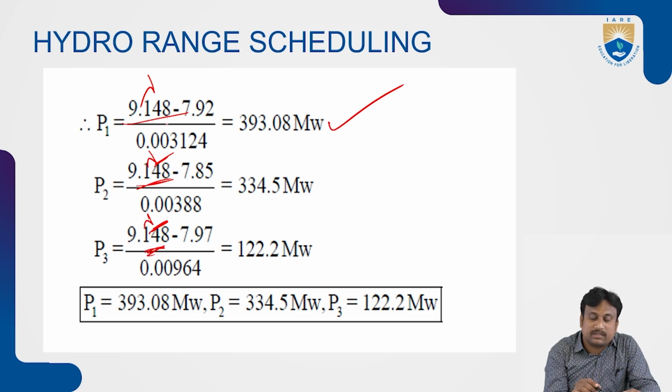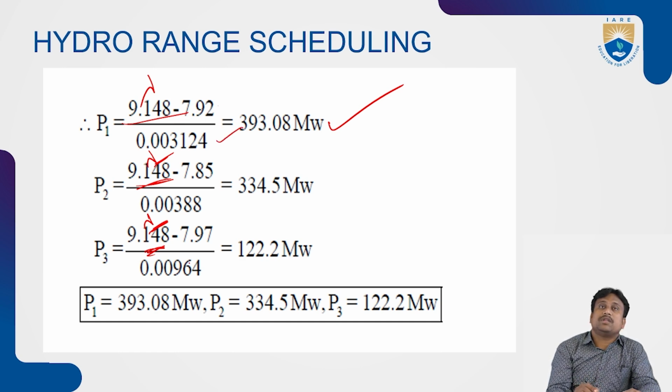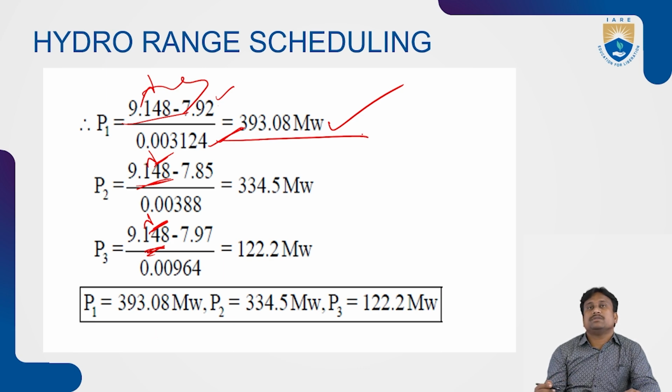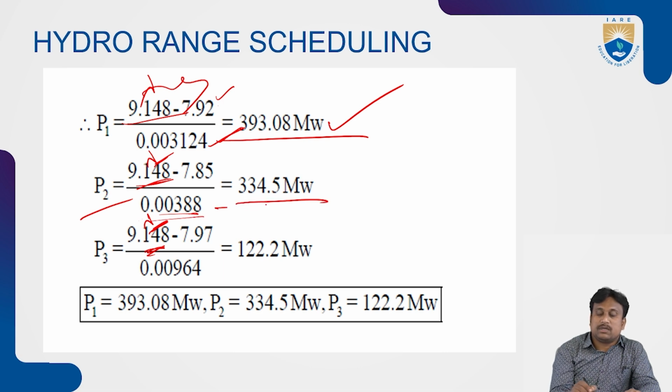So substituting, for P1 we have 9.148 minus 7.92 by 0.003124. Subtracting these two and dividing numerator by denominator gives 393.08 megawatts. Similarly for P2, 9.148 minus 7.85 by 0.00388 gives 334.5 megawatts.